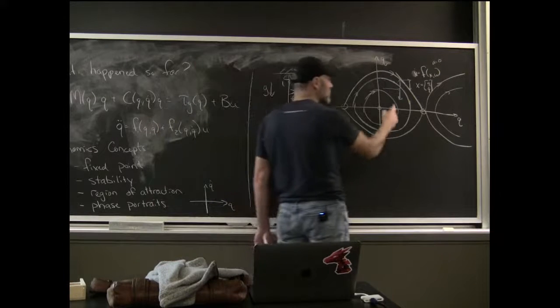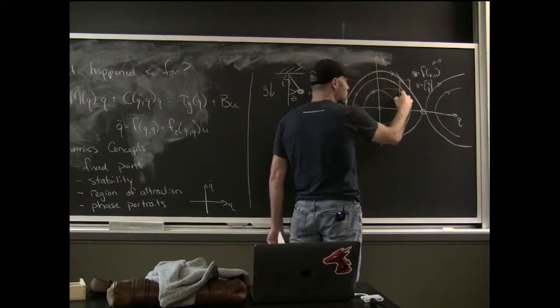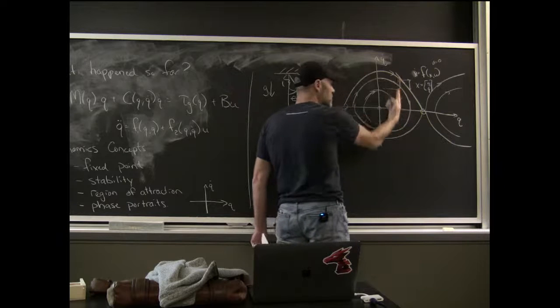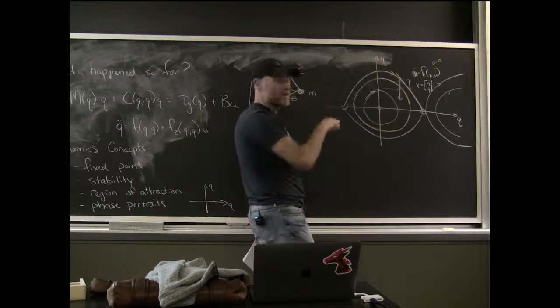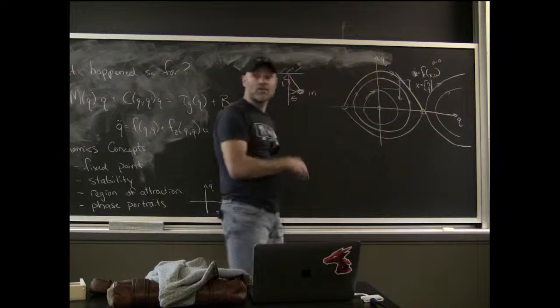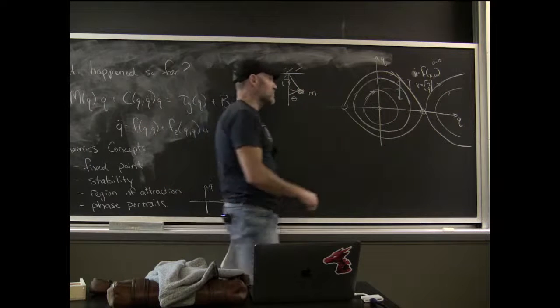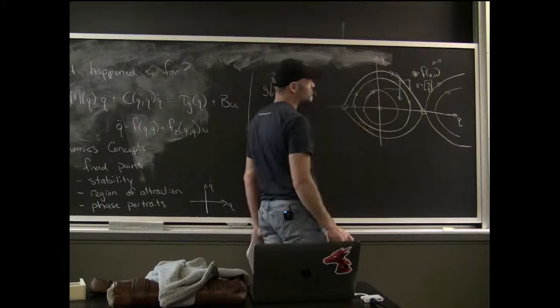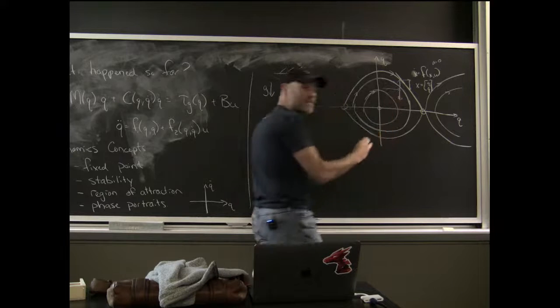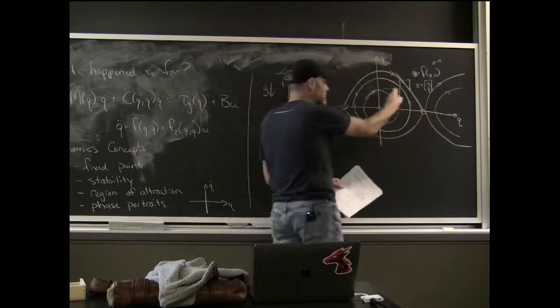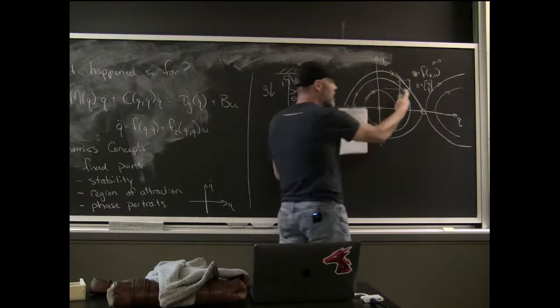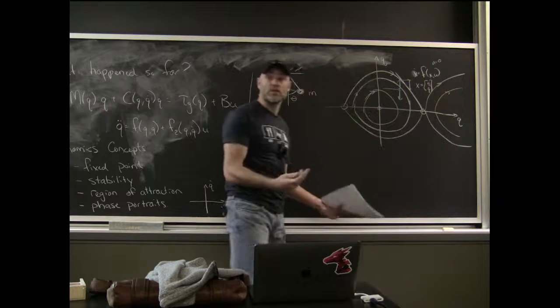But actually, in the second order dynamics, you get to instantaneously change this component of the vector field, but not this component of the vector field. That one's just going to go with the original dynamics. So remember I said the goal is to shape the vector field to try to change the dynamics to do what you want.